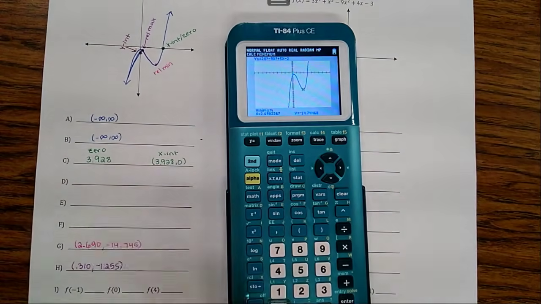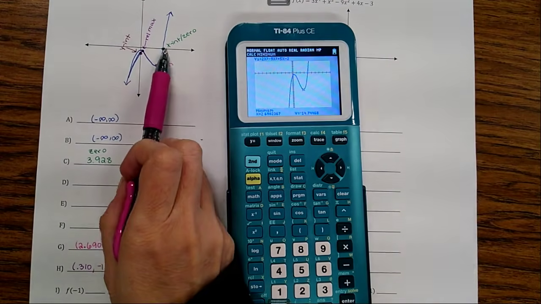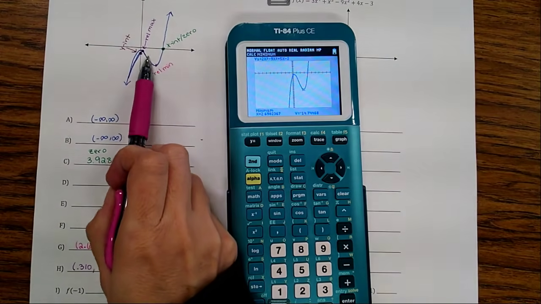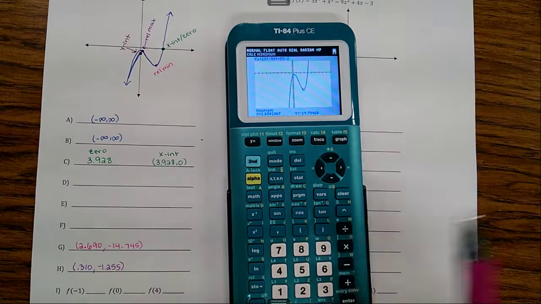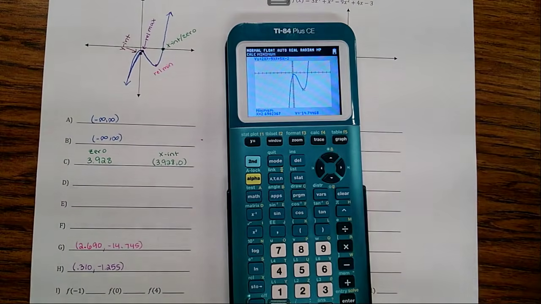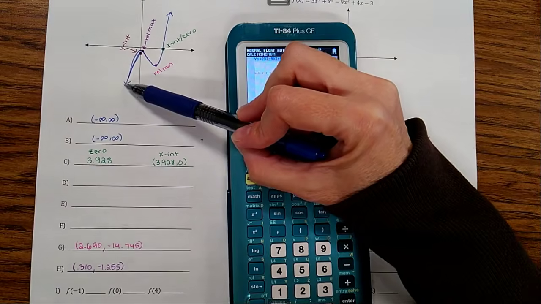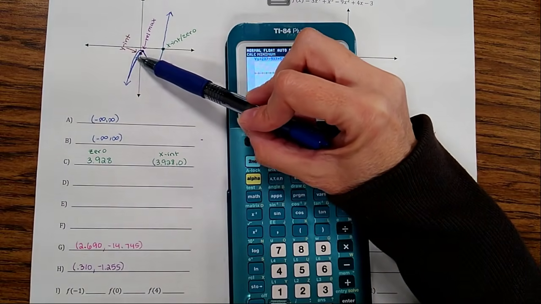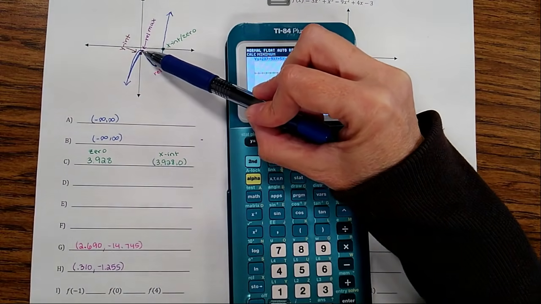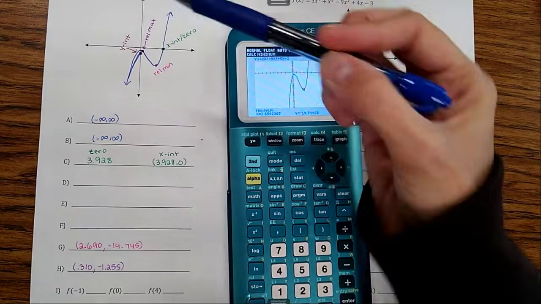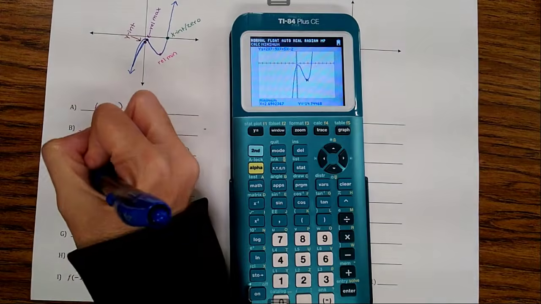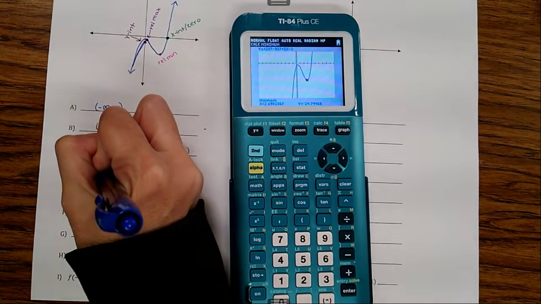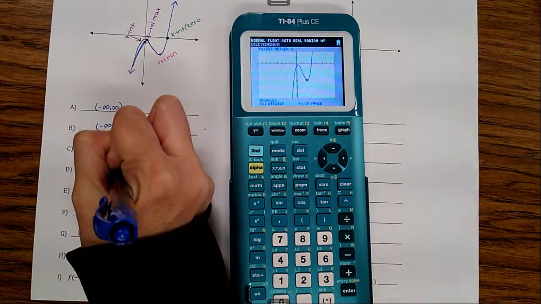All right, so this is helpful because I know where I'm starting and stopping my increasing and decreasing, where my turning points are. So if I trace my graph, I start at negative infinity and I increase up to this point. That x value is 0.310. So I'm going to increase from negative infinity to 0.310.